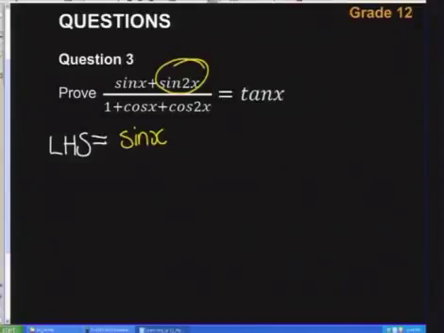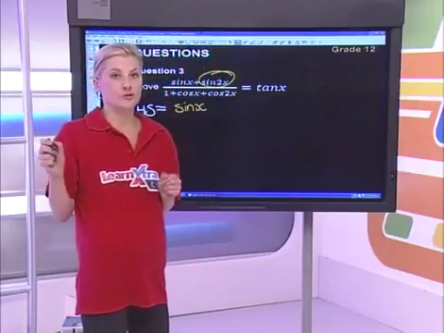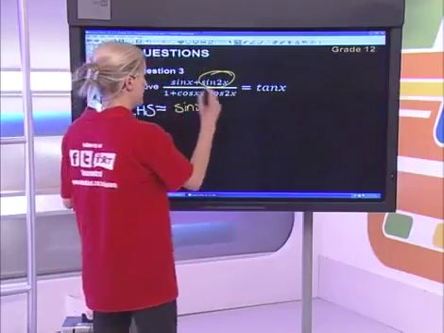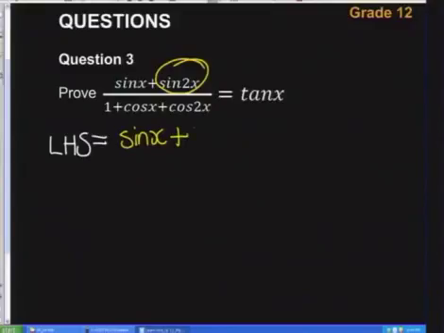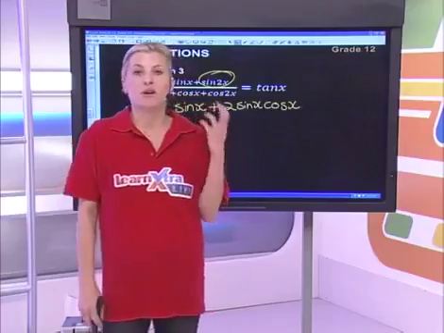Now, sine 2x is a double angle identity, and I know that sine 2x will change to 2 sine x cos x.